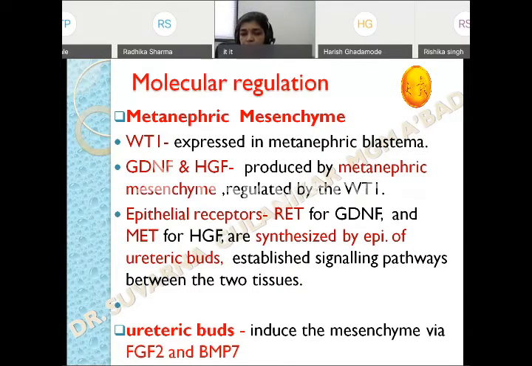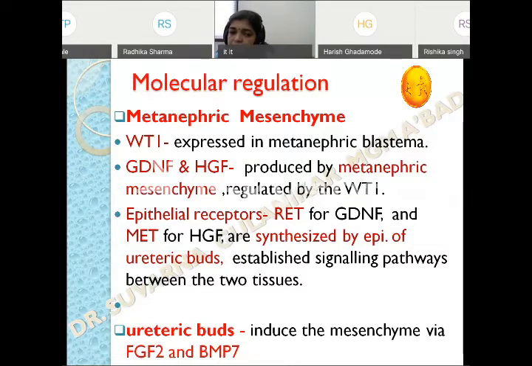They stimulate the epithelial receptors which are specialized on the ureteric bud. So GDNF and HGF act on the ureteric bud. They give signaling to the ureteric bud for its induction, and that is via two receptors. These are tyrosine kinase receptors, RET for GDNF and MET for HGF.